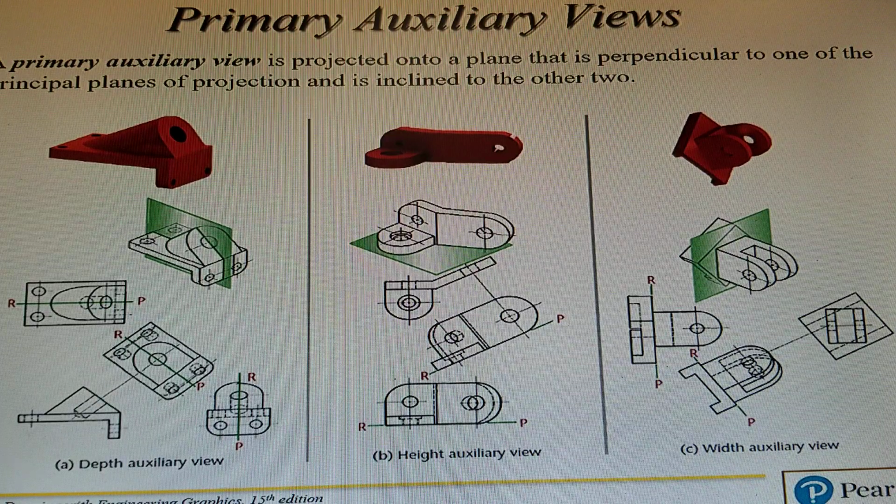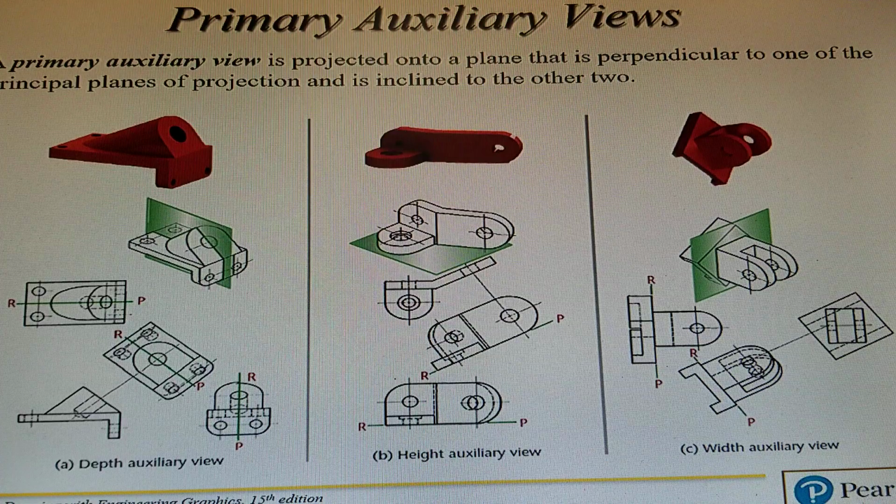And then they draw the front view, and in the side view they put that cutting plane line RP, and they show it in the auxiliary view, which is 90 degrees off that angle, right? And then you have your side view. In the side view and the top view, the upper part of that piece is not true size and shape. The only way to get the true size and shape is to draw that auxiliary view. Again, only that surface is true size and shape. The rest of it is not.